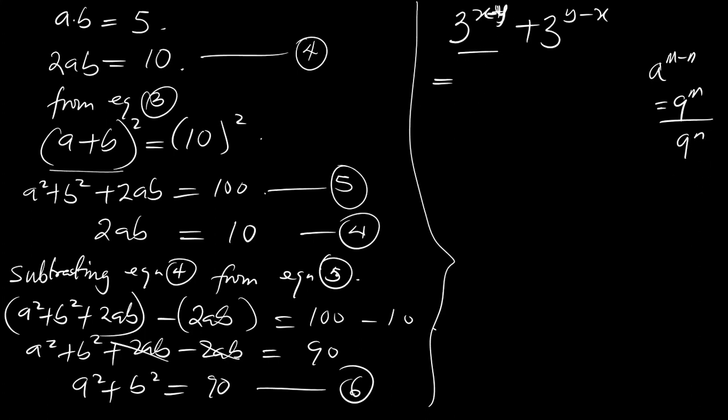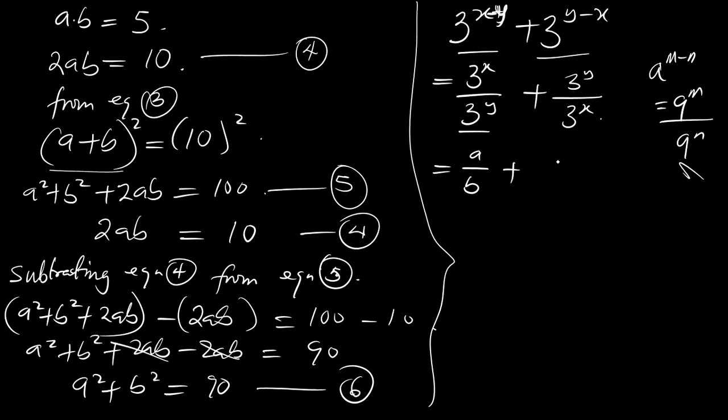Now that means this expression will be 3 to the power x divided by 3 to the power y, plus this other one, using the same rule, 3 to the power y divided by 3 to the power x. Now, assuming 3 to the power x to be a and 3 to the power y to be b, this term is a over b plus this one is b over a.